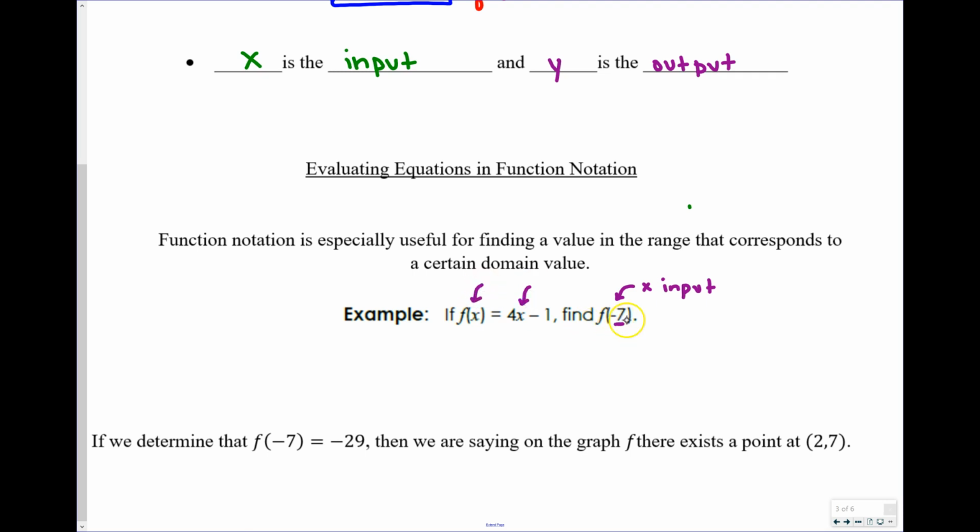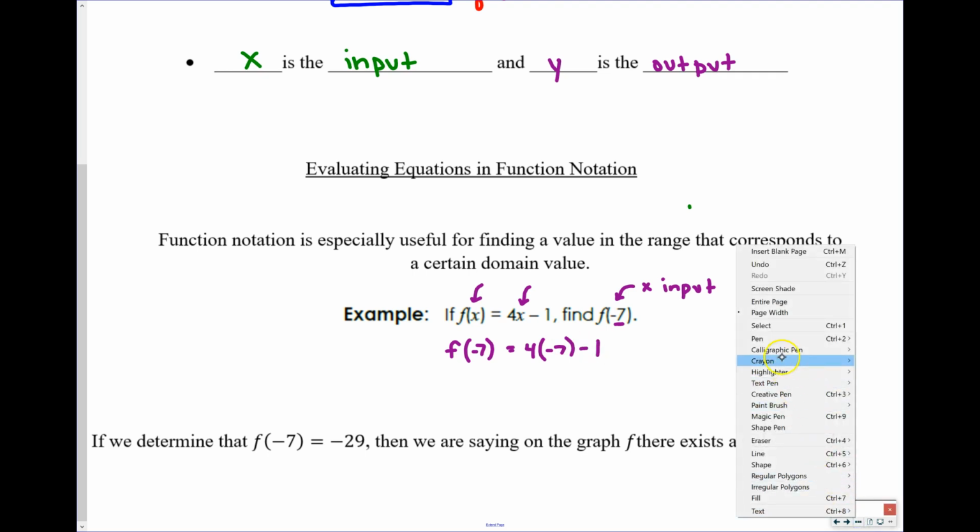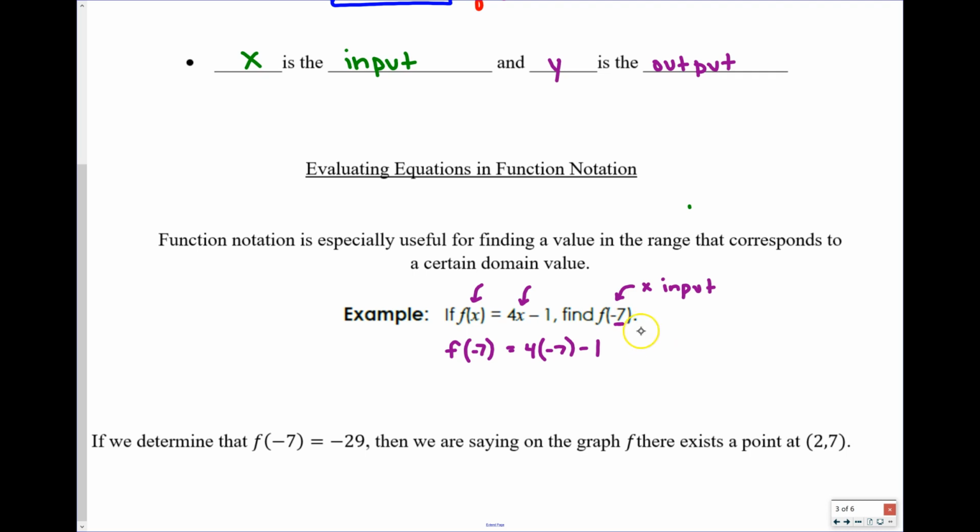So that if -7 equals x, I'm going to rewrite this to f of -7 equals 4 parentheses, oops, I forgot, -7 minus 1. So wherever I see that x value, so here's the -7, here's the x, and here's the x. All of these things are inputs, and notice I replaced both of these with that -7.